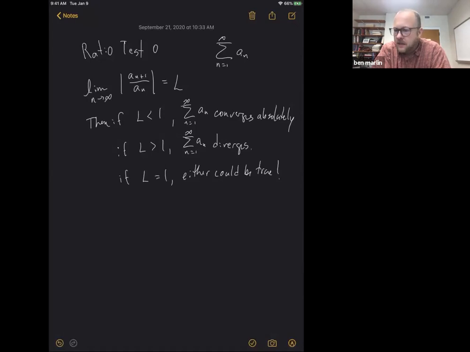But this ratio test is specifically designed to detect things that work like geometric series or things that work like factorials, okay?